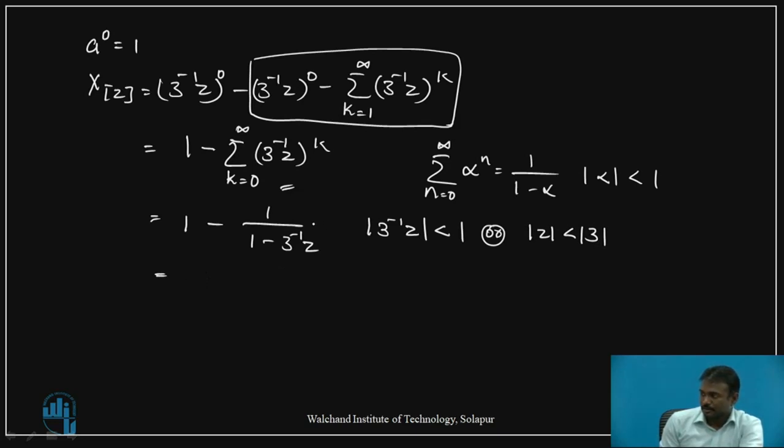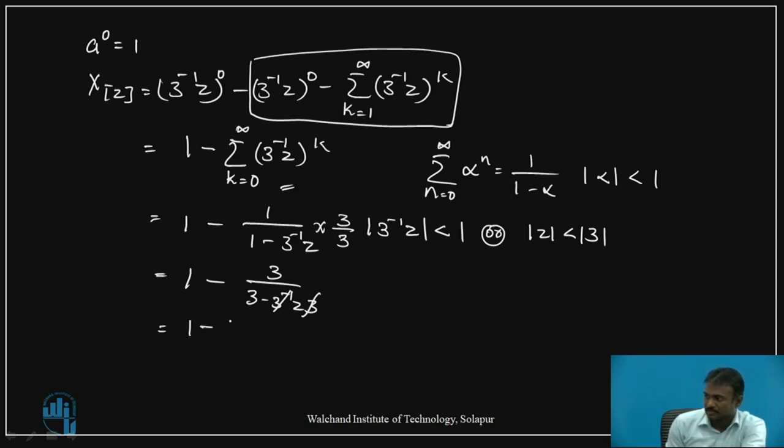To simplify this one, we are going to multiply numerator and denominator of the second term by 3. So this will be written as 1 minus 3 divided by 3 minus 3 inverse z times 3. So 3 and 3 inverse will get cancelled.